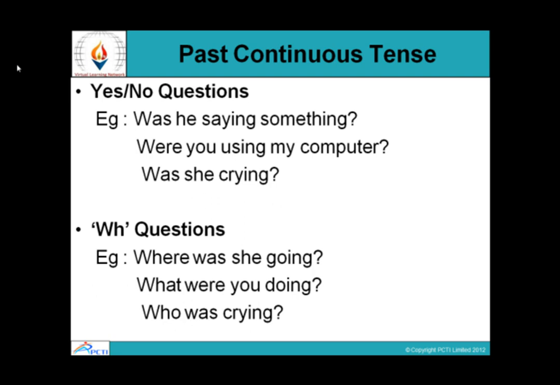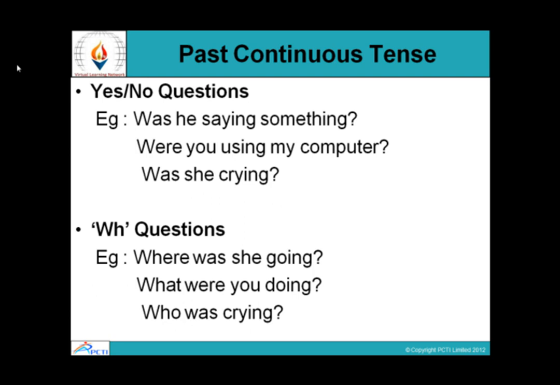With I we use was. With you we use were. How to make WH questions, the information questions. I am sure by now you all know the formula of making a WH question very well.